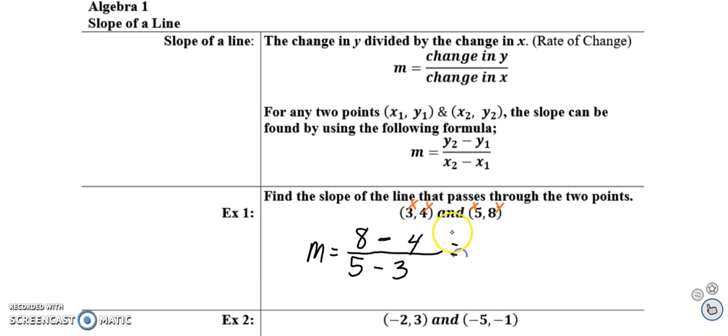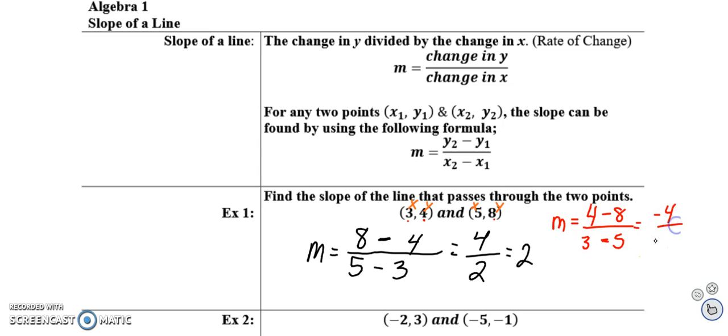So now we just do the subtractions. So 8 minus 4 over 5 minus 3, and that's 2. Let's just, for example, on this one here, we're not going to do it all the time: what happens if you would have done it the other way? Started with the 4. So 4 minus 8, again, y minus y, over, if we start with 4, we've got to start with the 3 minus the 5, x minus x.